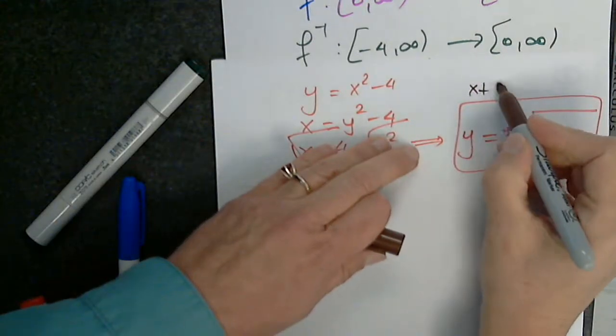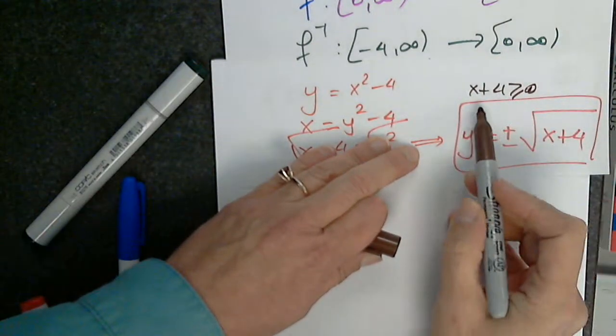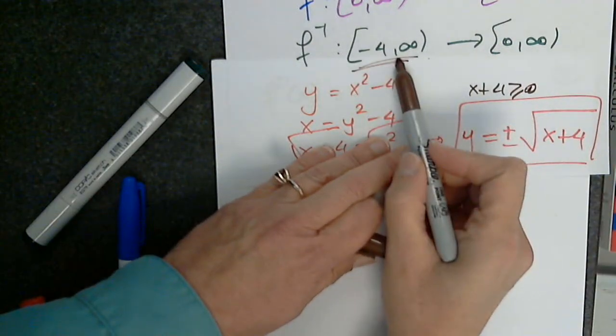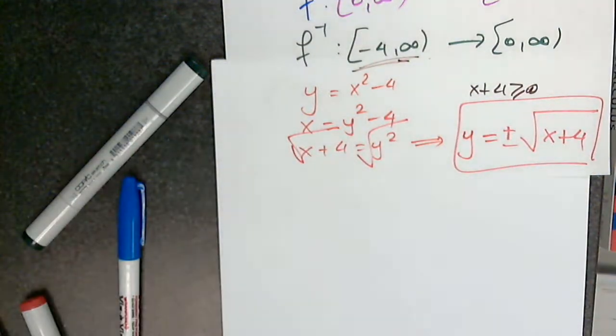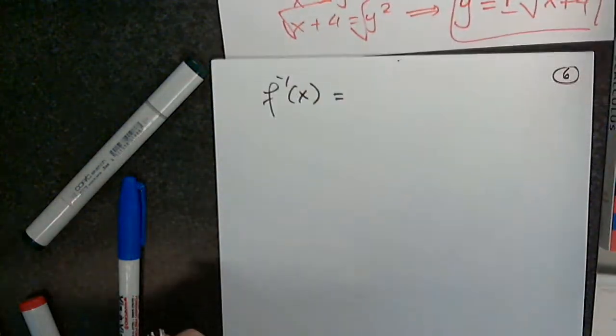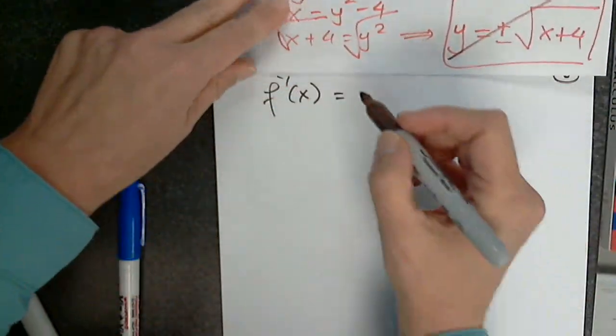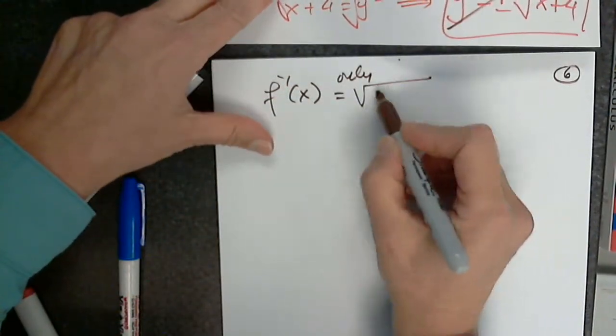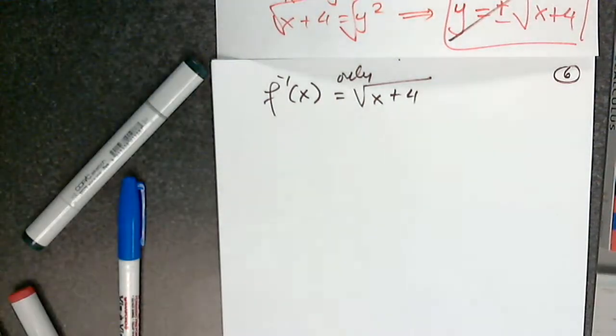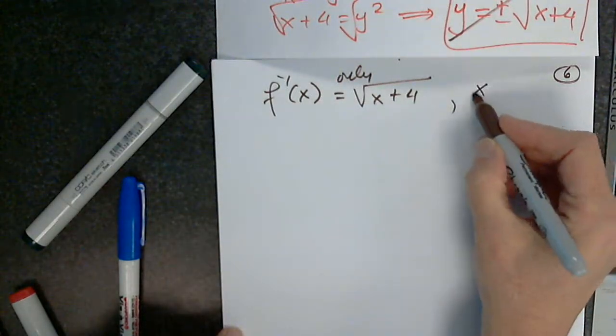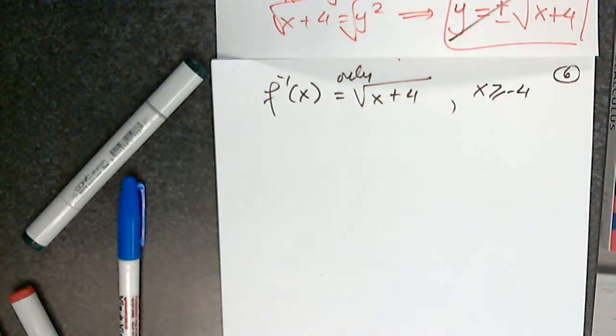So x plus 4 greater than or equal to 0, and then I move 4 and I get this. Is that clear? Okay. So therefore, only the square root of x plus 4, and that's the inverse function. And of course, the domain is x greater or equal to negative 4.